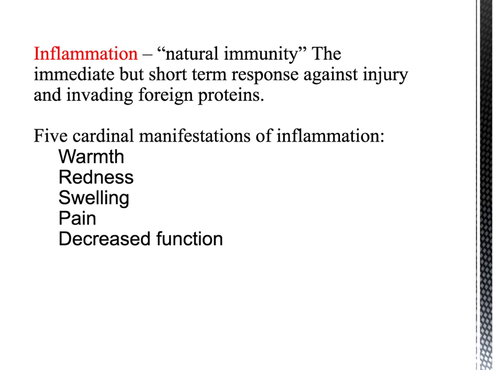Consequences: if inflammatory responses are prolonged or occur at inappropriate times or inappropriate places, they can cause tissue damage and extensive scarring or loss of healthy tissue function. That's what we're going to talk about as we go through lupus. It is an autoimmune disease where the immune system is not functioning properly and it causes an abnormal inflammatory response.